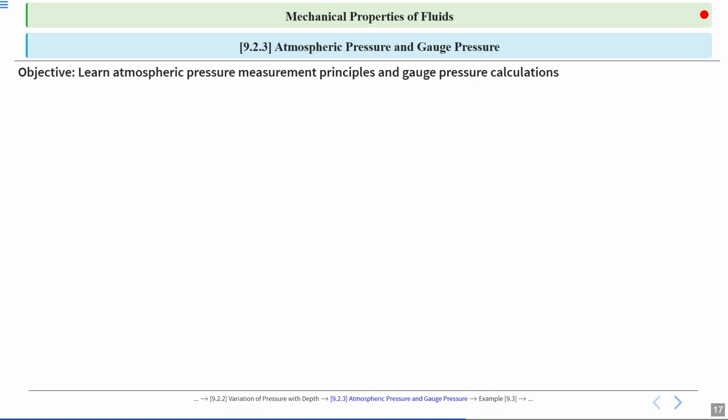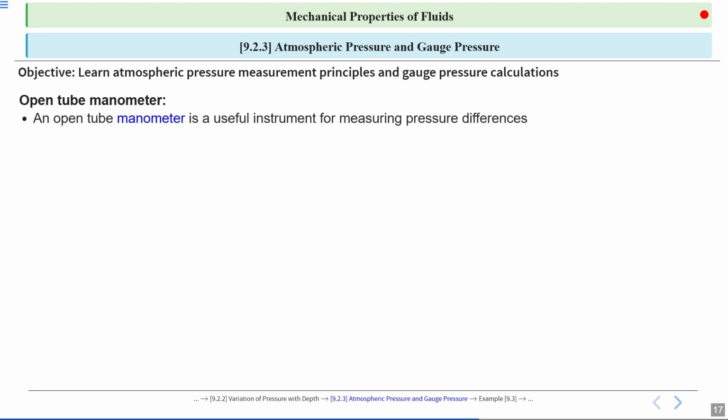Now, we introduce the open tube manometer, a fundamental instrument used to measure pressure differences. Alright, so the open tube manometer is particularly useful because it provides a simple, effective way to measure pressure differences.